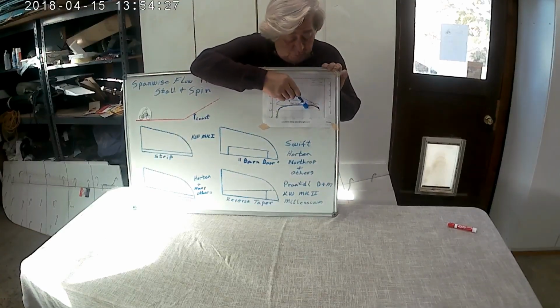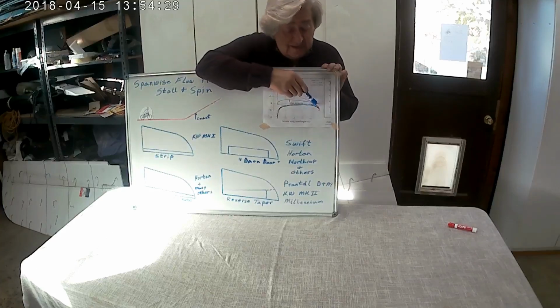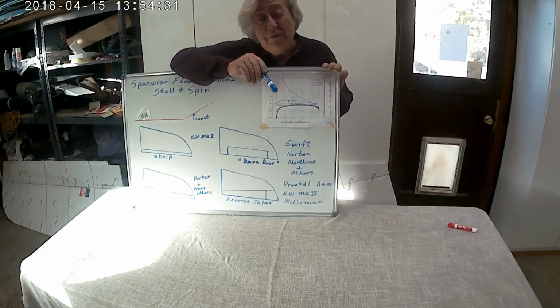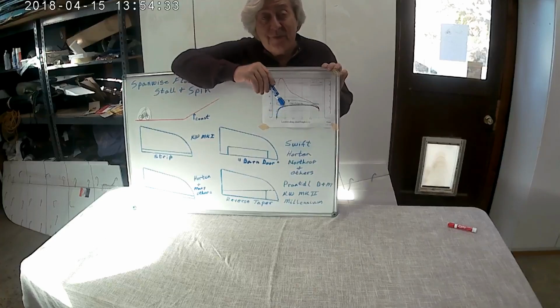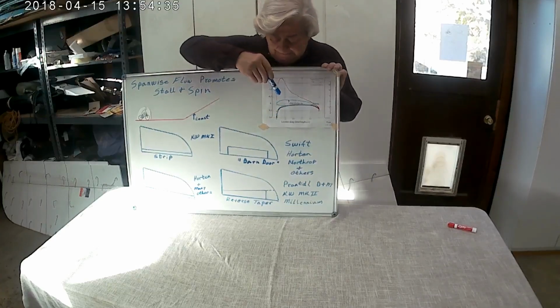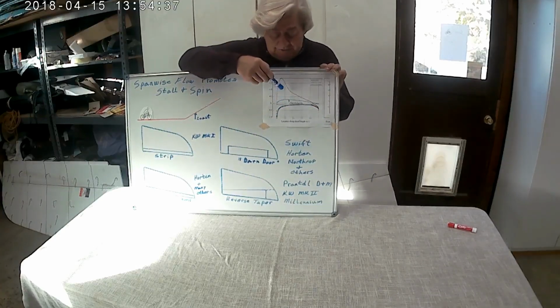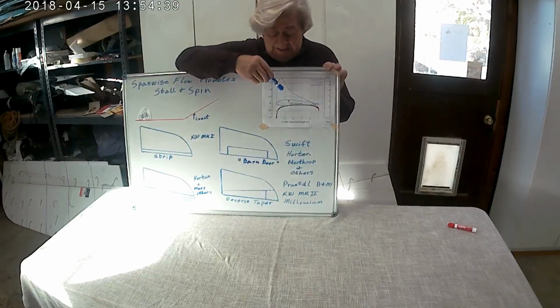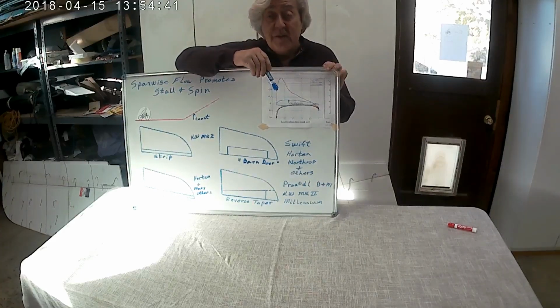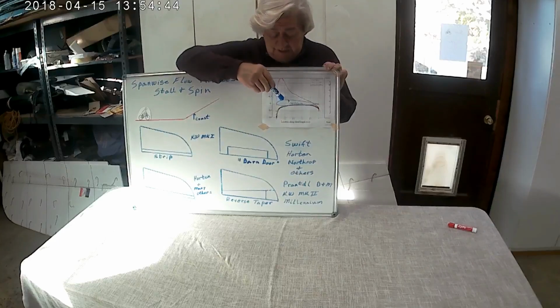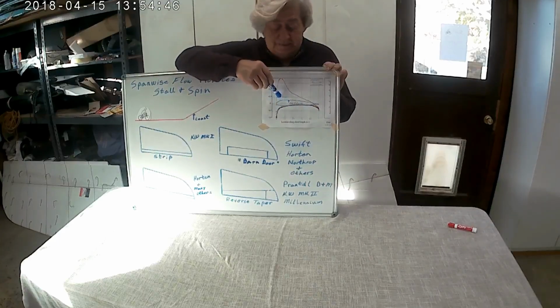That and just a whisper of reflex on the mean camber line. In fact, the reflex is so small you can't even see it on the outside of the wing. It's just on the mean camber line. So that's why I chose this airfoil. High L over D, and it has a very benign pitching moment because it's what we call front loaded.